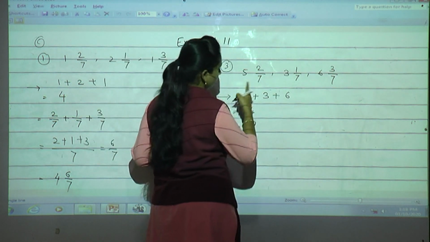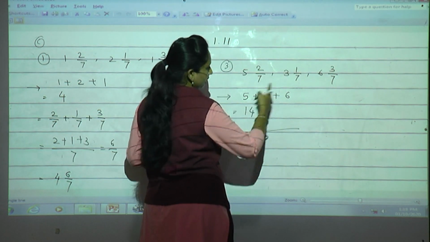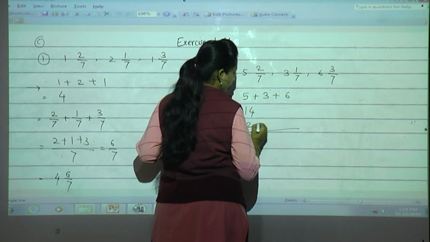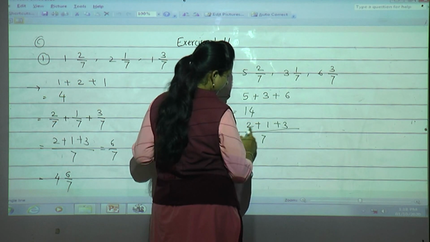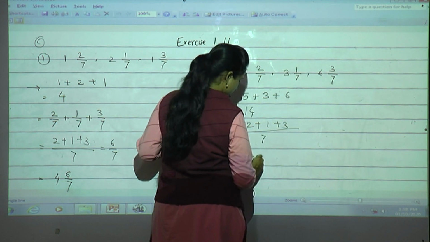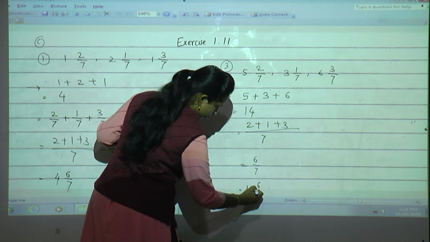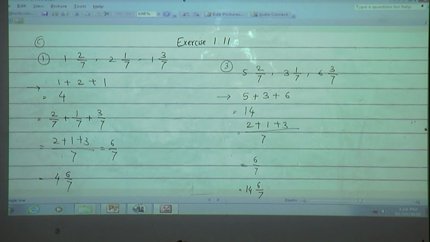So write here 14. You can do directly, write denominator only once and add numerators. 2 plus 1 plus 3 is 6. 6 by 7. So the answer is 14, 6 by 7. Clear?